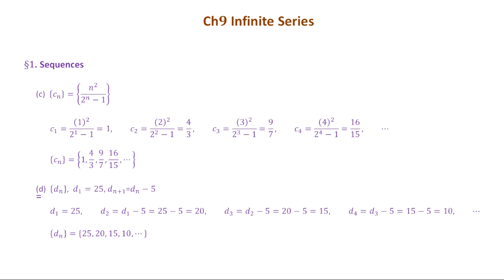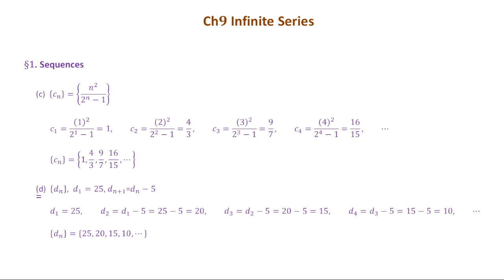So d of n plus 1 equals d of n minus 5. That means you just subtract 5 from the current term dn to get the next term d of n plus 1. So remember, n and n plus 1 are the indices. It indicates which term we're talking about.